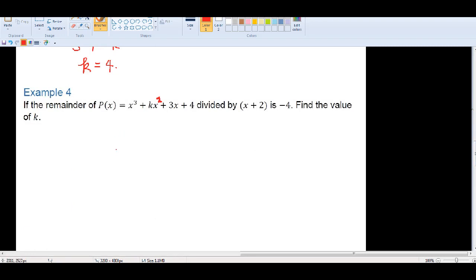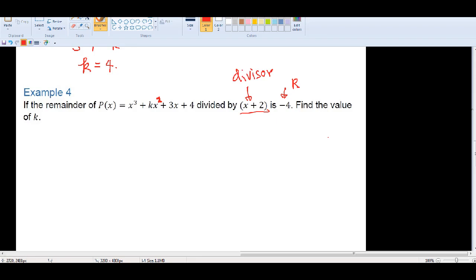This time we have another one. This time you have x cubed plus kx squared plus 3x plus 4 divided by x plus 2, and the remainder is minus 4. So this minus 4 is the remainder, and this is what we call the divisor, and P(x) of course is the dividend.